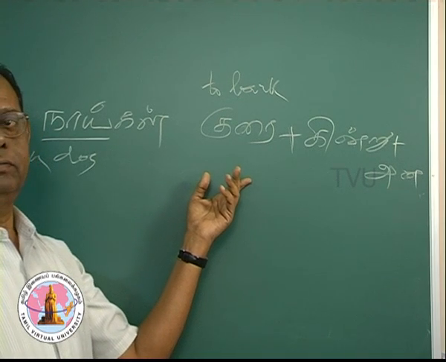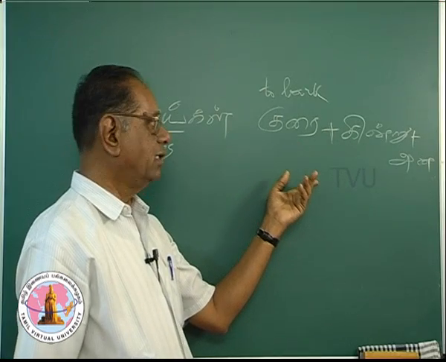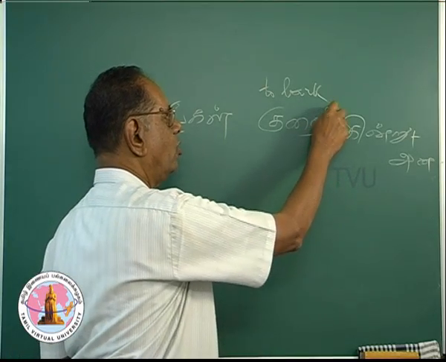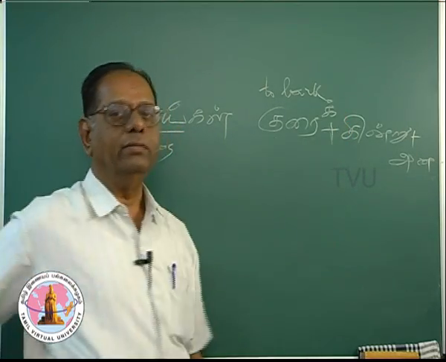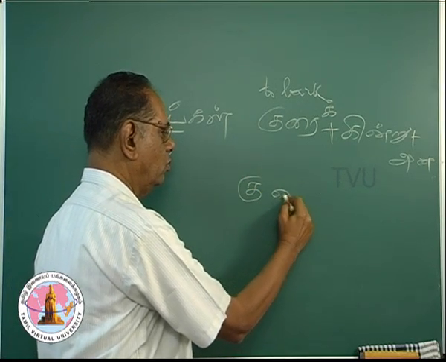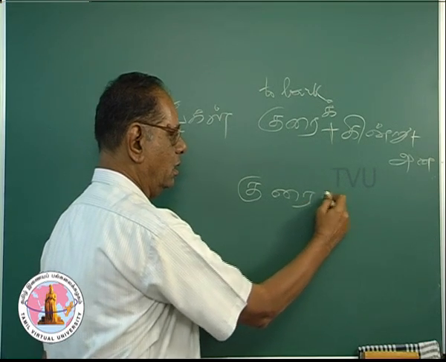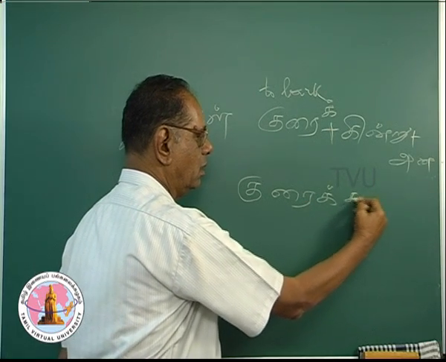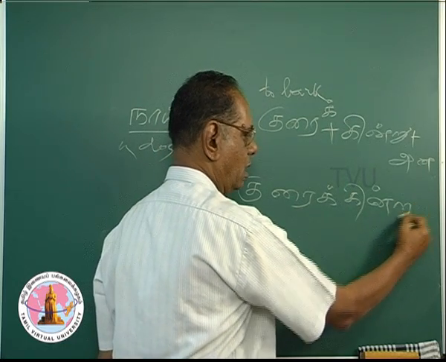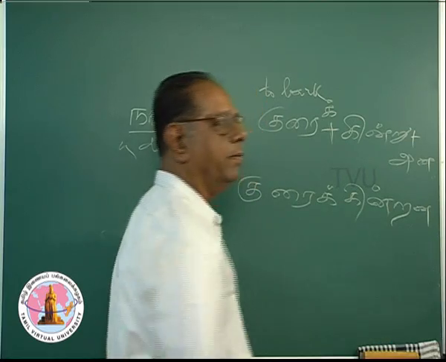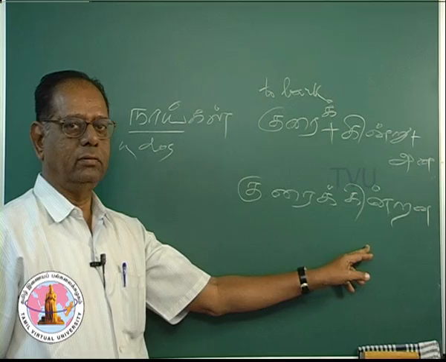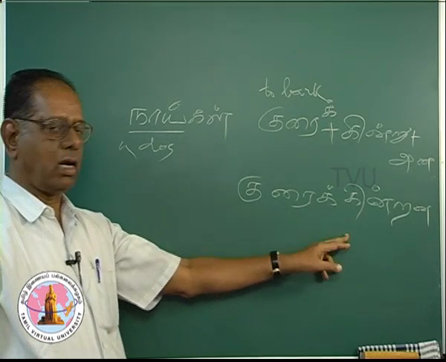You must remember that set of words or verbs which get an extra consonant in between. So it will be kuraikkindrana. நாய்கள் குரைக்கின்றன. The dogs bark.